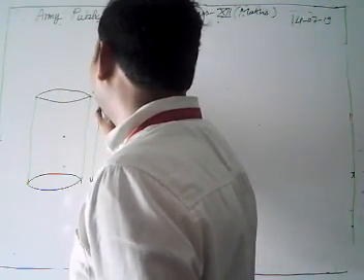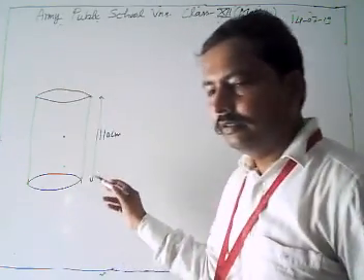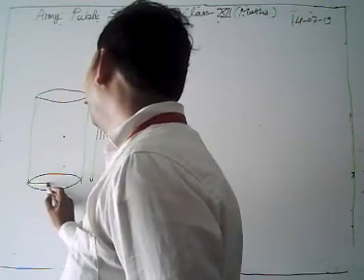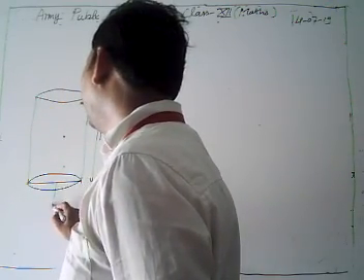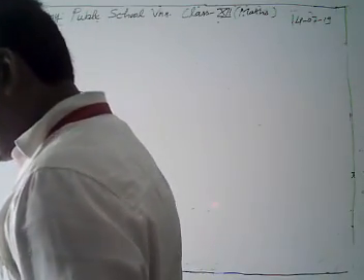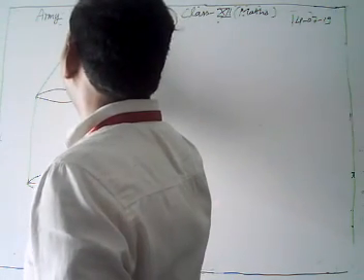This height is given as 110 centimeter, and the base diameter is 12 centimeter. Then it's surmounted by a cone of 9 centimeter height. On the top there is a cone.